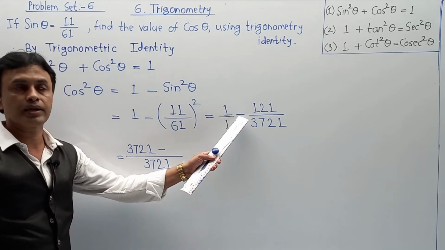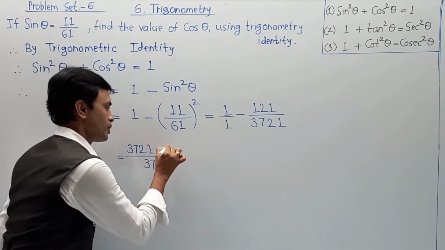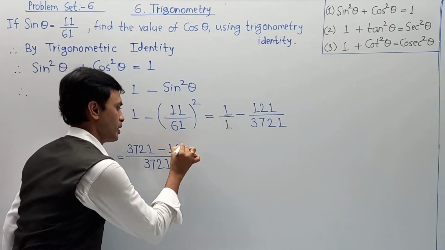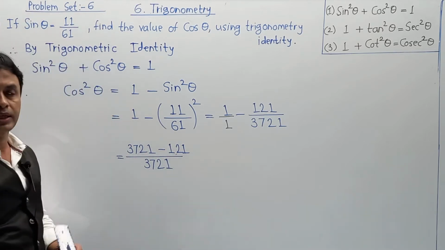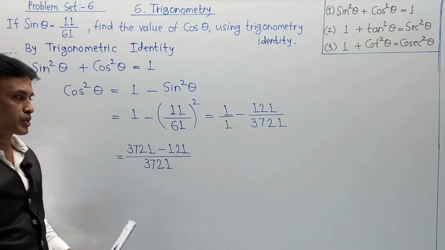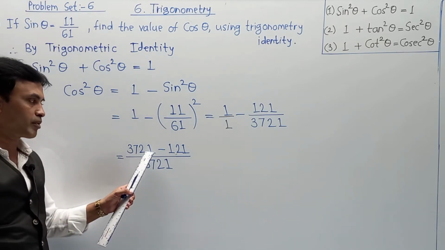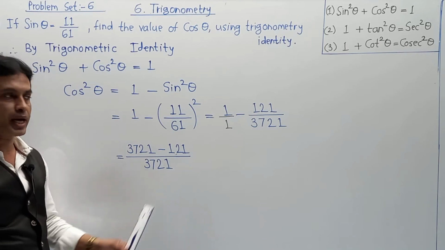Because here it is a minus sign. Now 1 into 121 becomes 121, and in this way you are able to write all three parts over here. Now next step, simplification. Now 3721 minus 121, this divided by 3721 as usual.